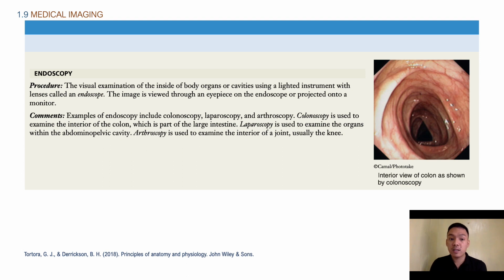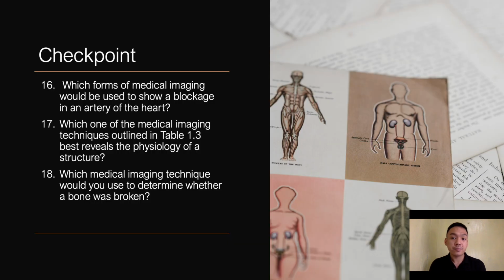Examples of endoscopy include colonoscopy, laparoscopy, and arthroscopy. Colonoscopy examines the interior of your colon, partly the large intestine. Laparoscopy examines the organs within your abdominopelvic cavity, and arthroscopy examines the interior of your joint, usually the knees. The photo on your right is an inferior view of a colon as shown by colonoscopy.